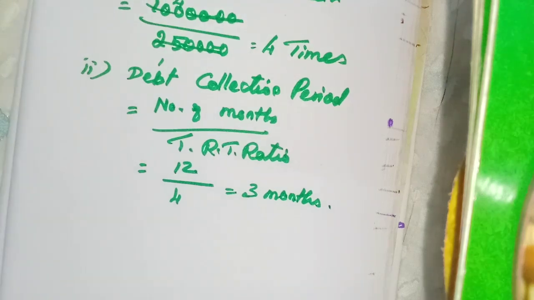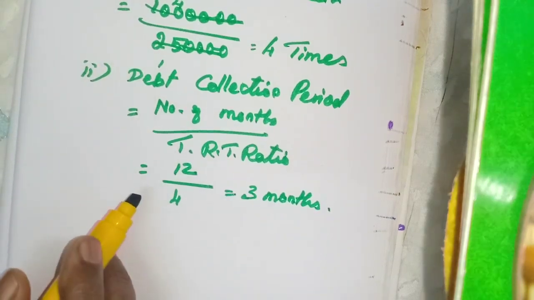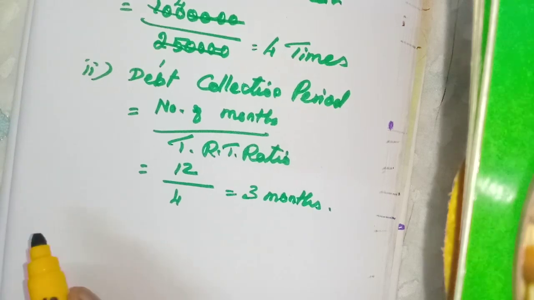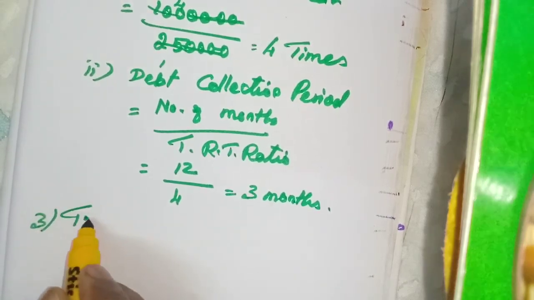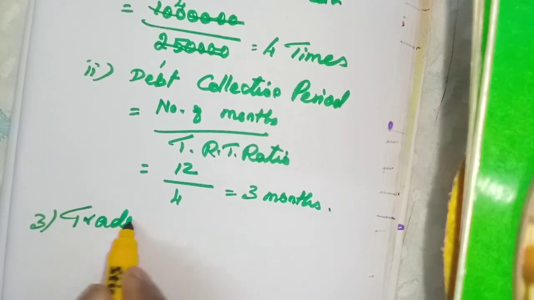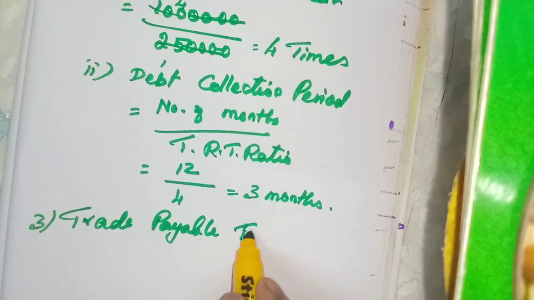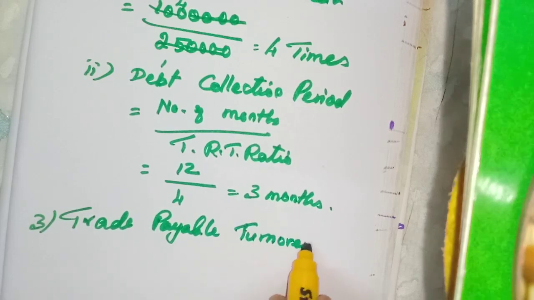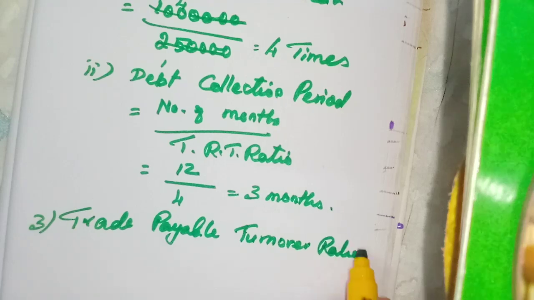Now we will learn the third ratio, just the opposite of this trade receivables turnover ratio. The third one is the trade payables turnover ratio. Trade payables turnover ratio is related to credit purchases, isn't it?